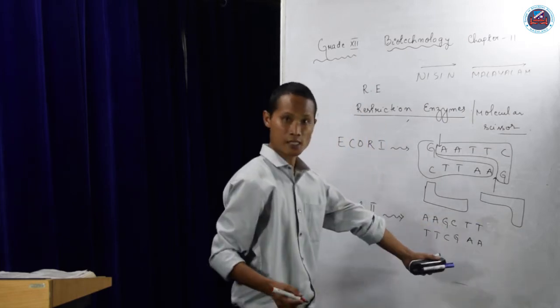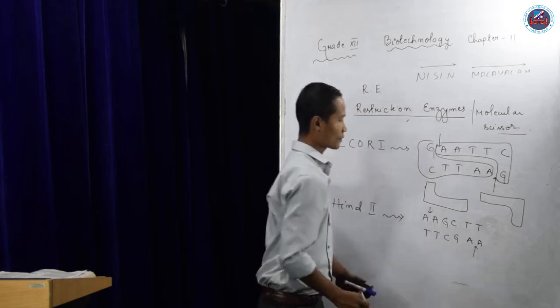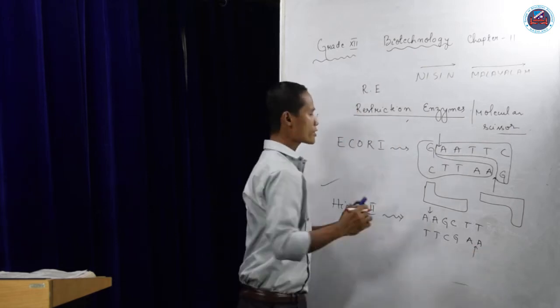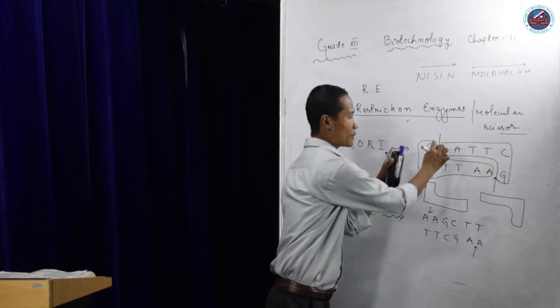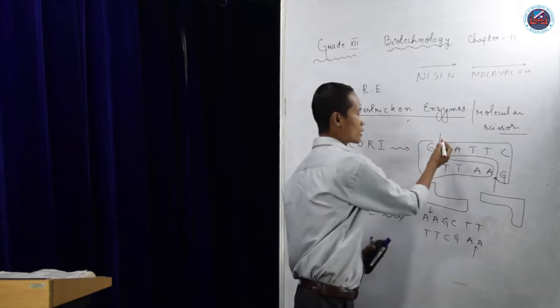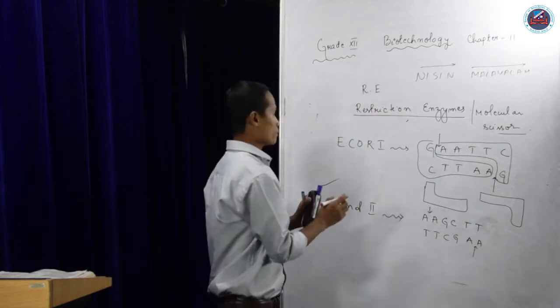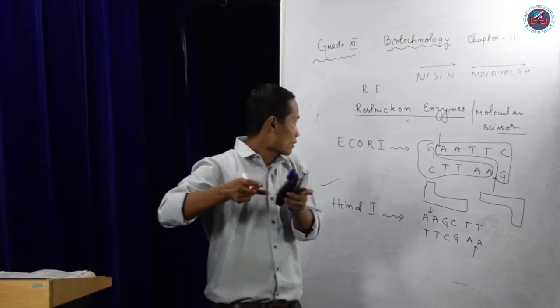See, it's a palindromic sequence. So it will cut here. All the restriction enzymes have a specific point in a specific palindromic sequence where they will cut, but between the bases, which means that they will cut both strands.